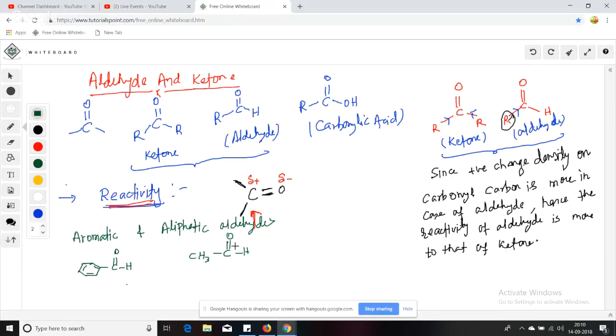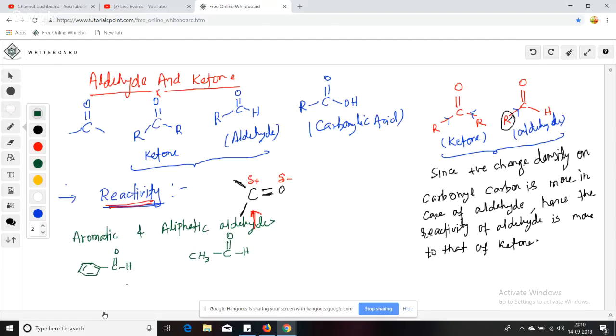So what happens in aromatic aldehyde? In aromatic aldehydes, or even for ketone also, whatever we are discussing over here is true for ketone also, right? The aromatic aldehyde and ketones are generally less reactive than the corresponding aliphatic aldehyde or ketone.